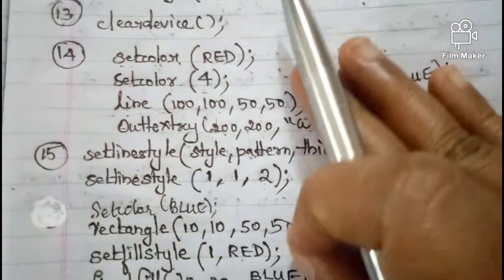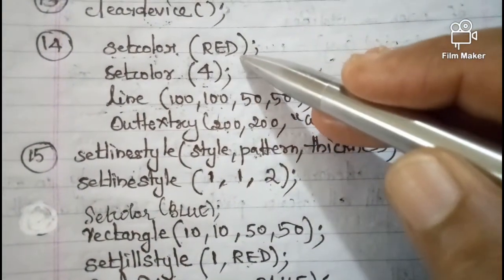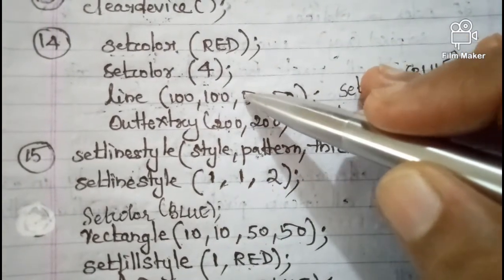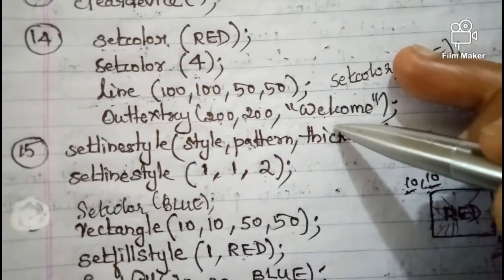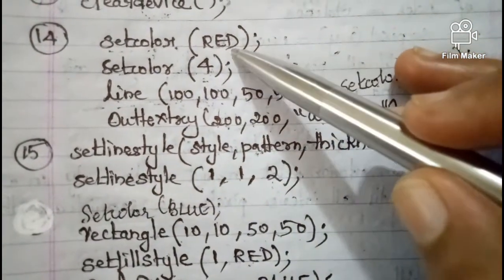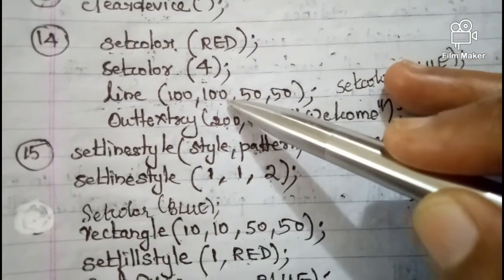Okay, now let us check how this code works. I have used a set color function. After using this function, I used a line function. After that, I used an outTextXY function. Now, since the color specified is red, the line will be drawn using red color.